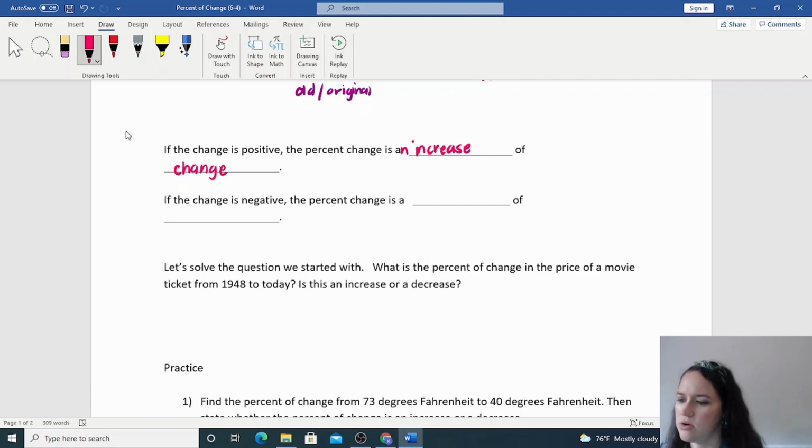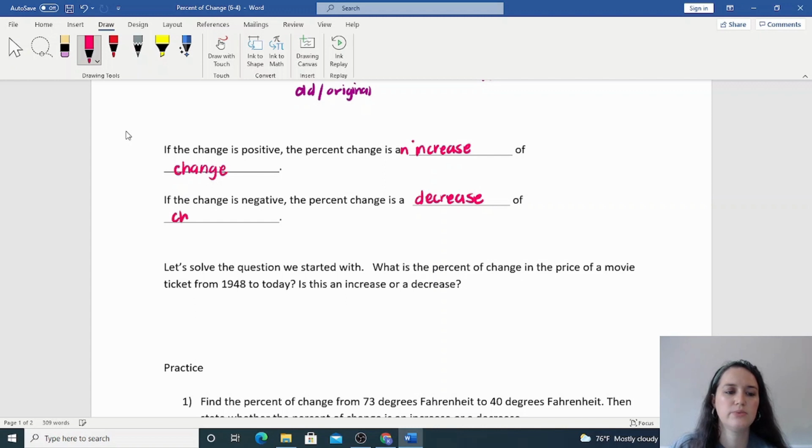So it's going to be an increase, it would have gone up a certain amount. So like the movie ticket problem, we're looking for a positive percent there. If the change is negative, then it is a decrease of change. That means it went down. And that could be something like maybe the population of a town is decreasing, right? So that would be a negative percent change.